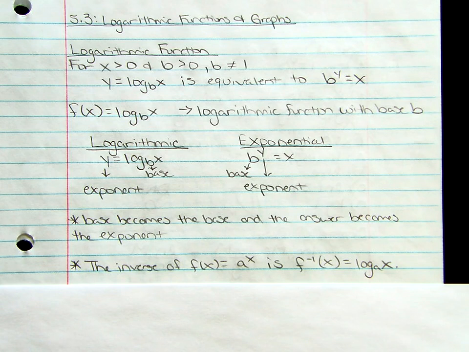So a logarithmic function states that for x greater than 0, so x has to be positive, and b greater than 0, and b not equal to 1, then we have y equals log base b of x, which is equivalent to b to the y equals x.